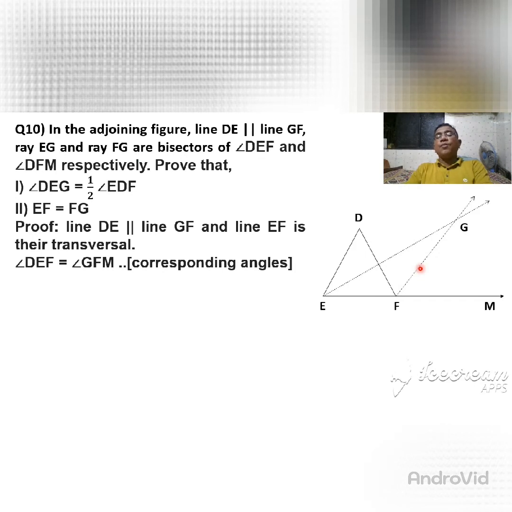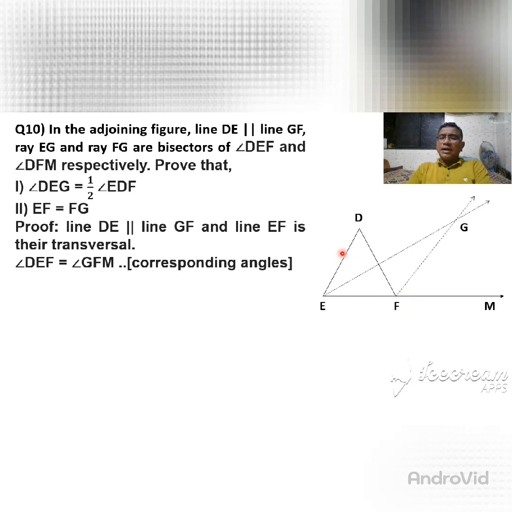So which is the transversal? See, this EF is the transversal. So if it is the transversal, then this E angle and this F angle are corresponding angles of each other. Yes, see, DE is parallel to GF and this EF is the transversal. So this E angle and this F angle are corresponding angles.